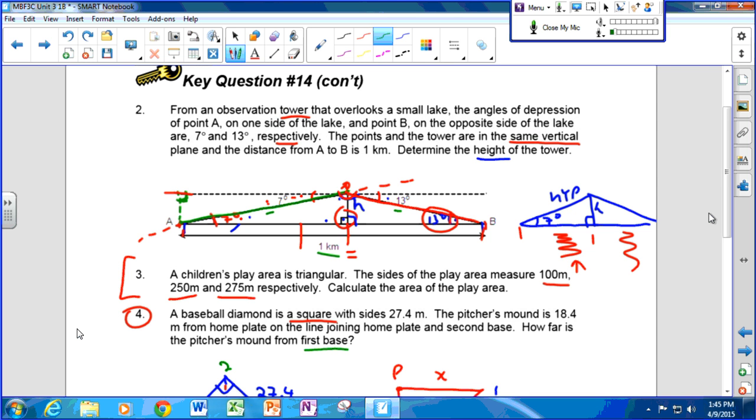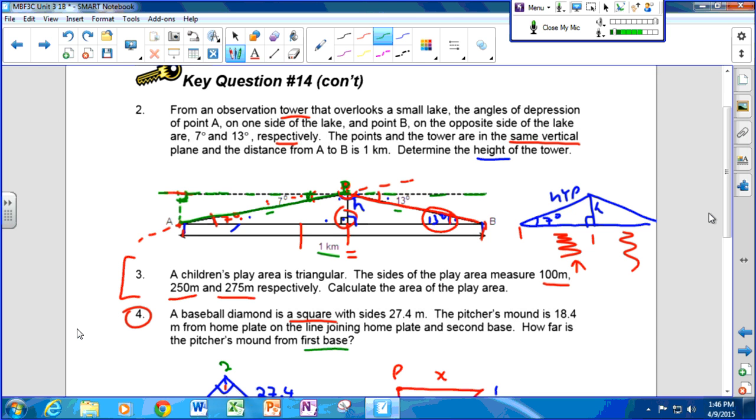All right. So what they're saying, the same vertical plane, that's just so that you can understand that this line goes through the points that they're looking at, right? And that when the person is standing in the observation tower and looking down from a point that's exactly the same height as the tower, then that angle of depression is measured at 7 degrees.